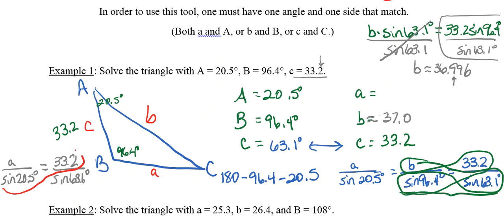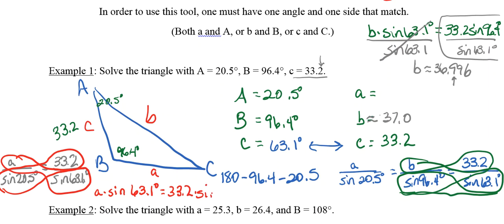Again, I'm going to cross multiply. So I have a times sine of 63.1 equals 33.2 times sine of 20.5. I'm not going to use my calculator yet.